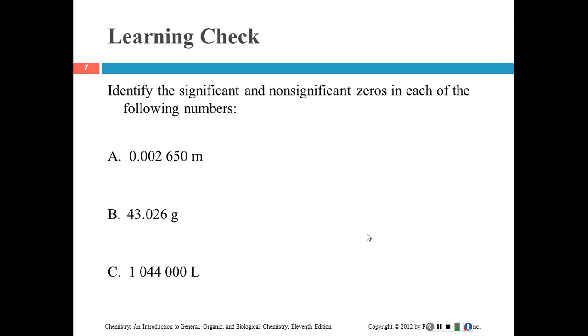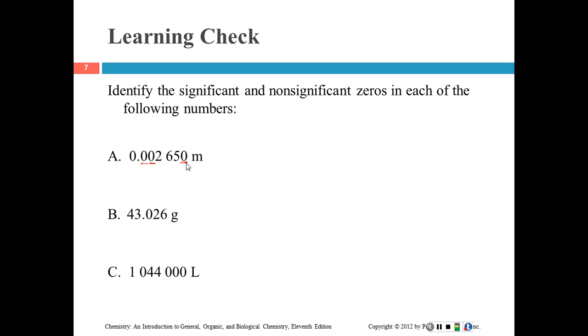Okay, so hopefully you've done it and you've got the right answer. So we need to look and see, okay, now these two zeros, are they significant? No, because they are holding a place. What about this one?